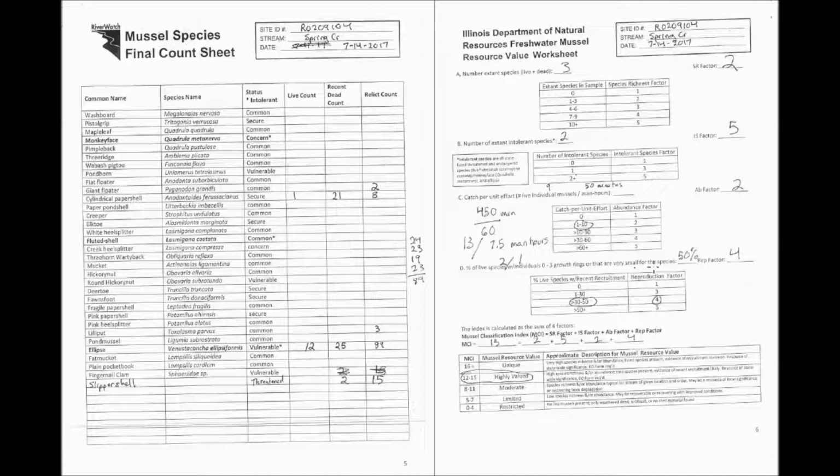So as far as very small mussel species, we did get some very small ellipse, but we did not get any small cylindrical paper shell. So out of the 2 live species we collected, 1 live species looked like it had recent recruitment.